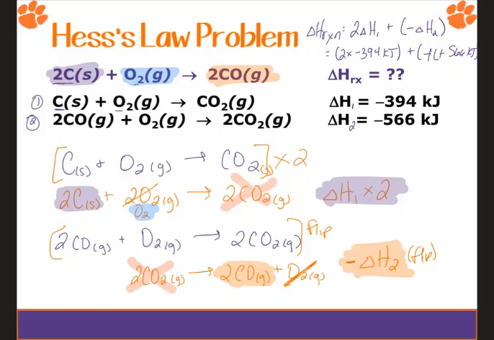Negative, so that ends up being positive, right? The sign just gets flipped. So I end up with 2 times negative 394 kilojoules plus 566 kilojoules, because again, we flip the sign here, to get my total delta H of reaction of negative 222 kilojoules.